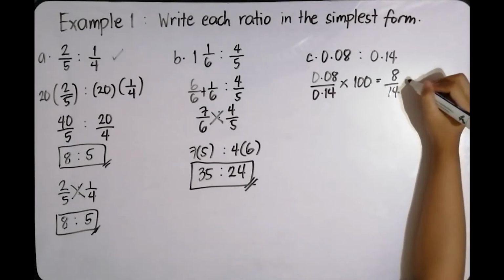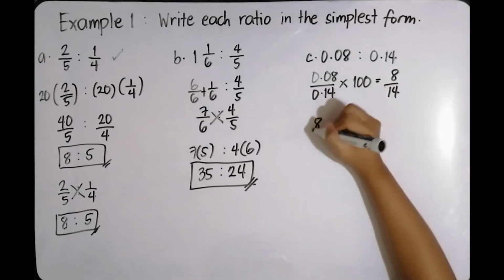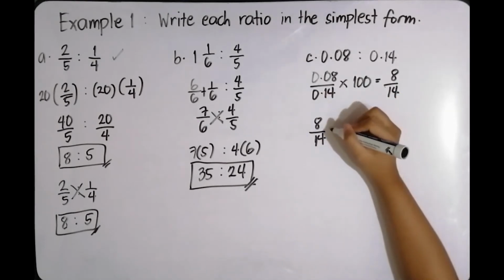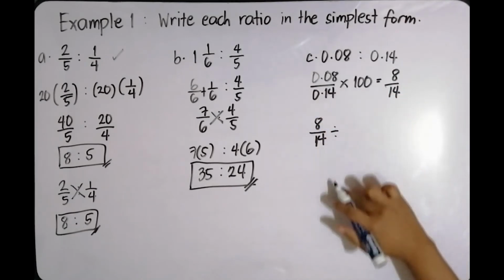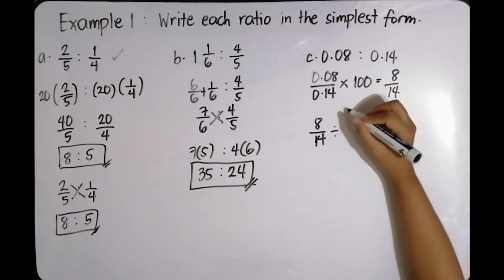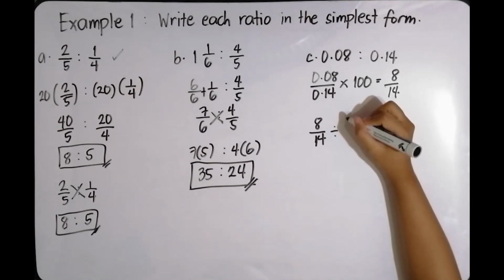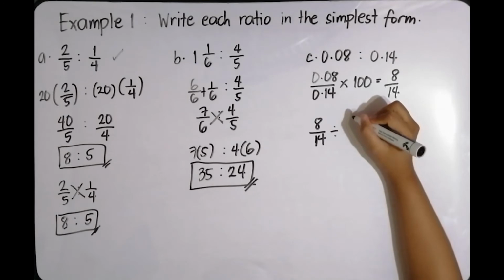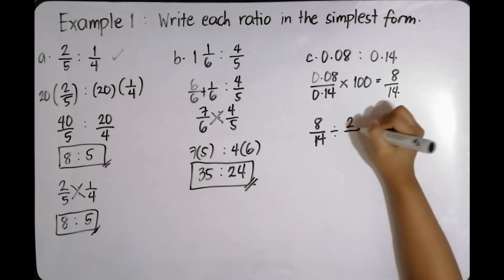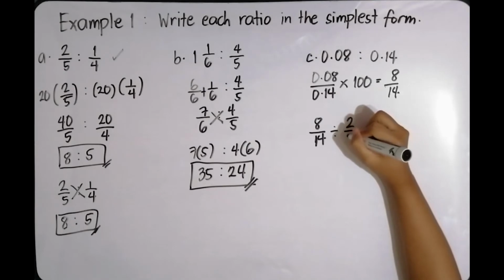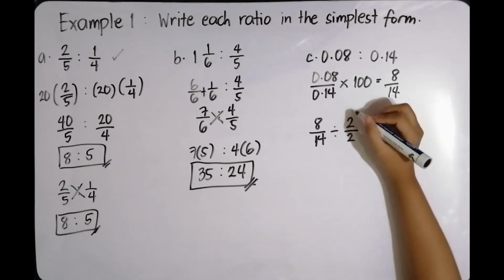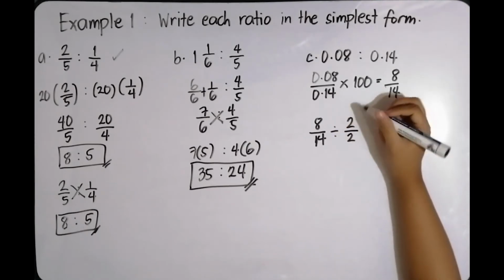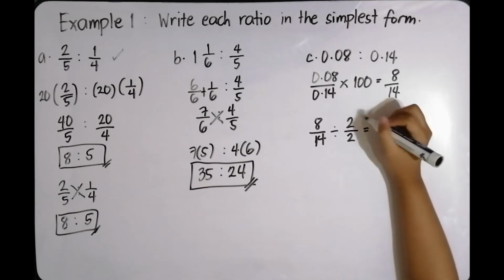So let's get the simplified form of 8 over 14. What can we divide both by to get the similar form? We can divide the numerator by 2, and we can also divide the denominator by 2.